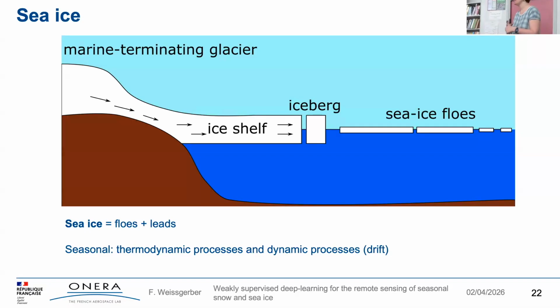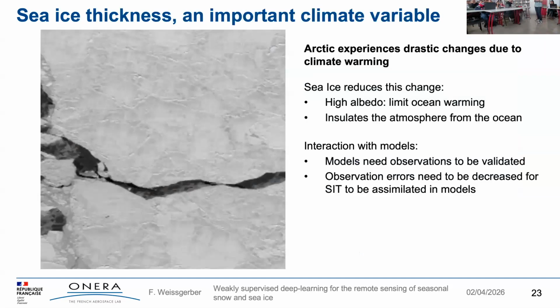So you have a thermodynamic process, the fact that the ice is building up to 3 meters in thickness, and it's also a dynamic process because the ice is drifting over the ocean because of the wind, because of the current. So this is a Sentinel-2 image over sea ice. And basically, it's very important to measure sea ice thickness if we want to understand what is currently happening with climate warming in the Arctic.